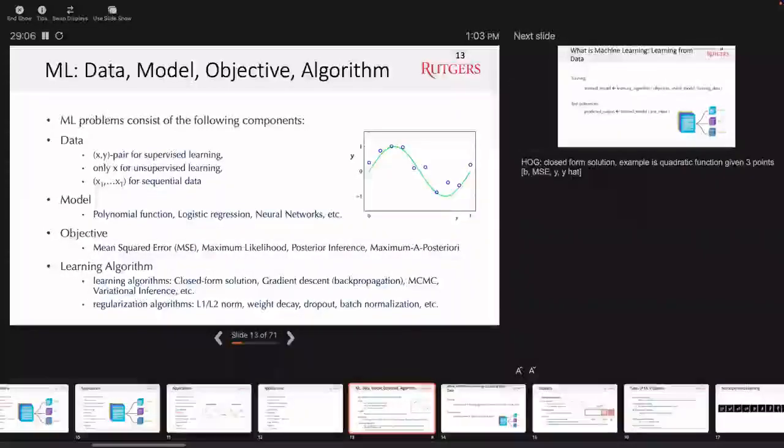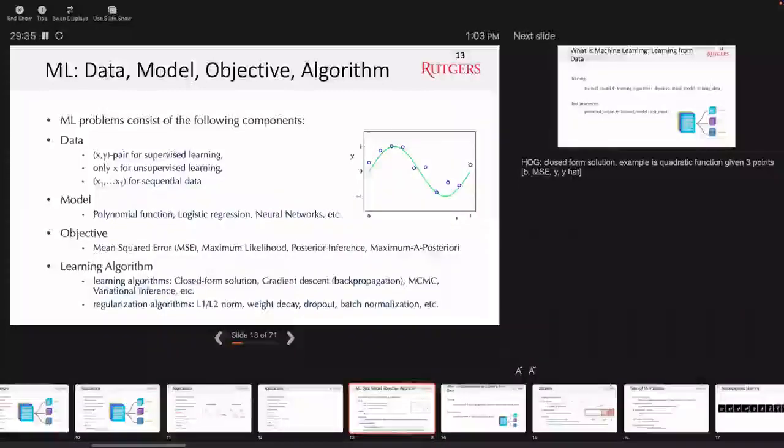You construct a neural network, and then you just follow the gradient to learn your parameters. The learning algorithm for deep neural networks is typically very simple, and this simplicity and convenience make deep learning more and more popular. Okay, so these are the 4 components of machine learning.